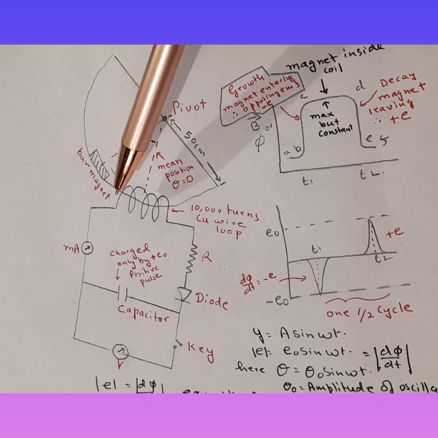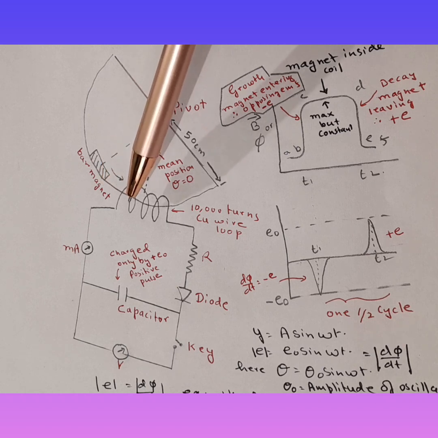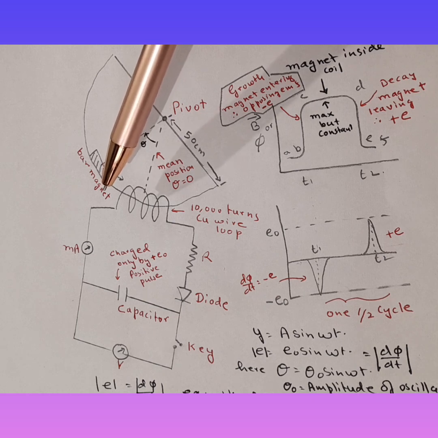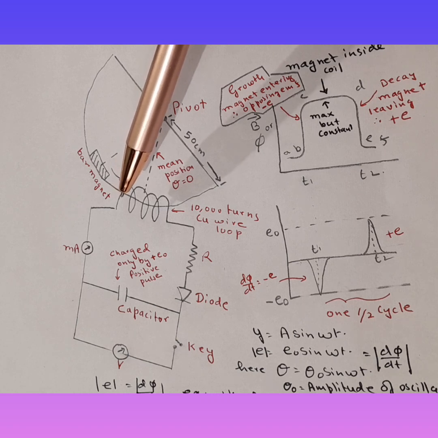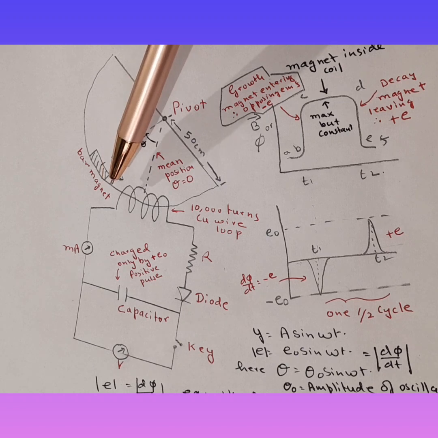And another thing we know is that the EMF generated also depends on the rate of change of flux, d phi by dt. And as per Lenz's law, we also know that d phi by dt gives you negative EMF.